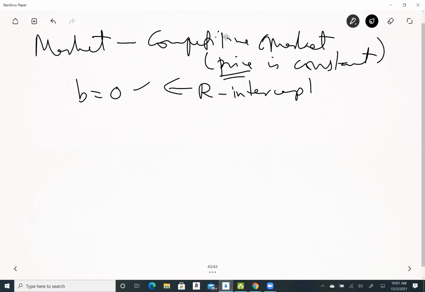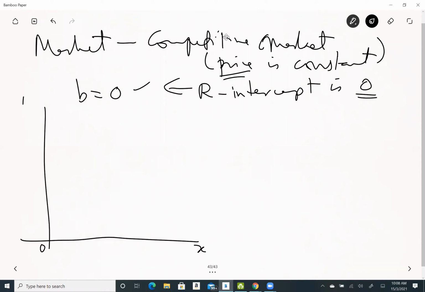Okay, r-intercept 0. So if you draw the graph, r is a function of x. When you draw a graph, you put the x in the horizontal axis, revenue on the vertical axis. So you got px, and P is a constant, a price. So the price is a constant, and it is bigger than 0 or equal to 0.